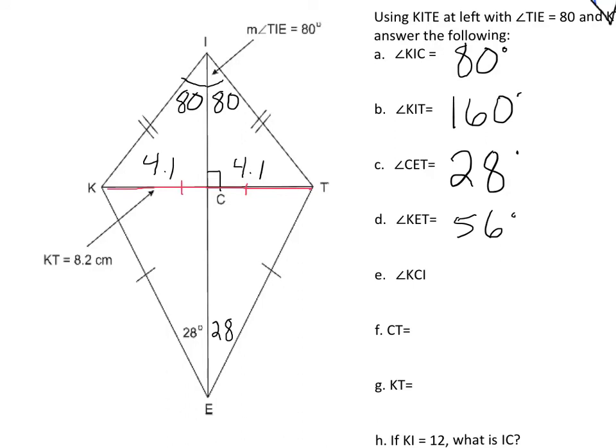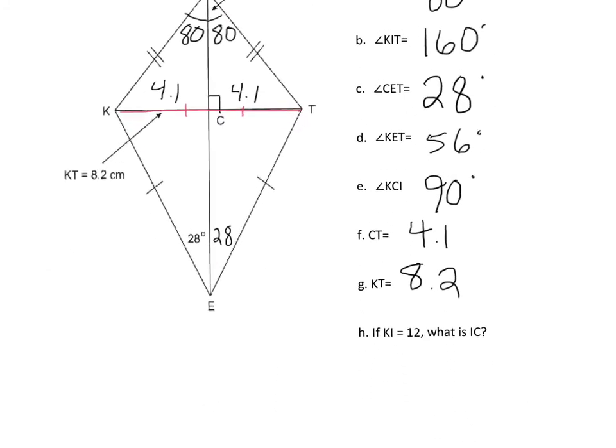KCI, since I know that those diagonals form a perpendicular, has to be 90 degrees. The length of CT, so half of KT, has to be 4.1. I already know what KT is. I know it's 8.2. That's a given. And let's see, I think there's one more.